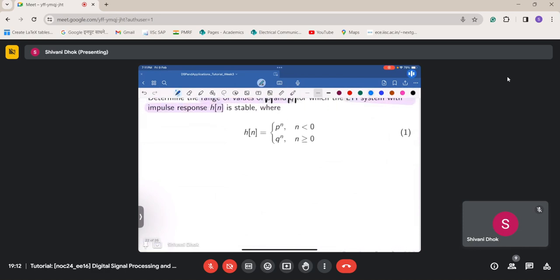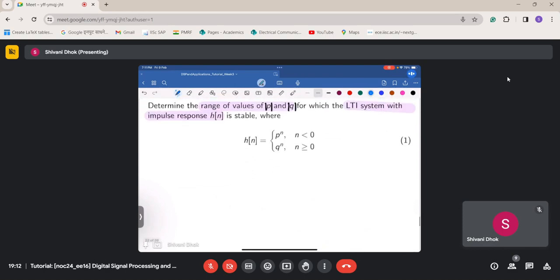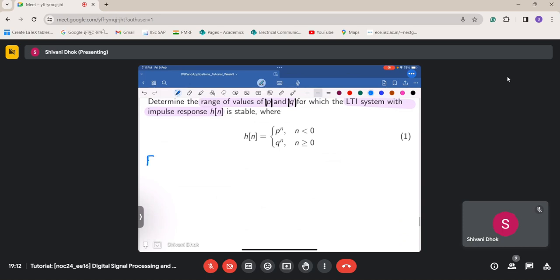It is given that it is an LTI system and it is a stable system. So for a stable LTI system, my impulse response should be absolutely summable.